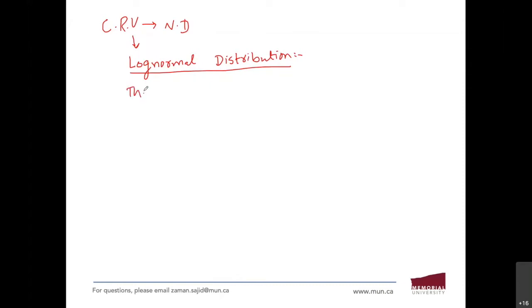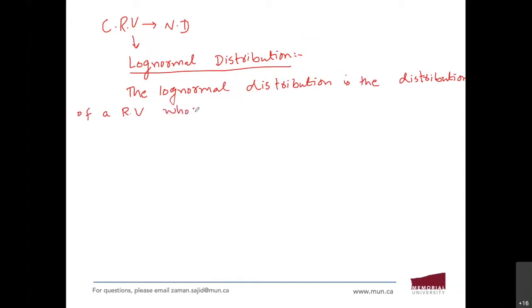The log normal distribution is the distribution of a random variable whose logarithm follows the normal distribution.